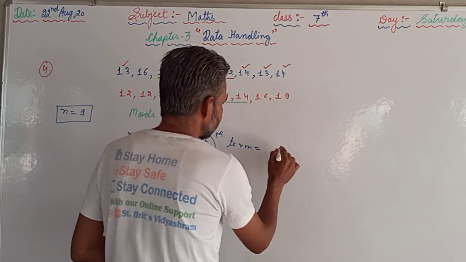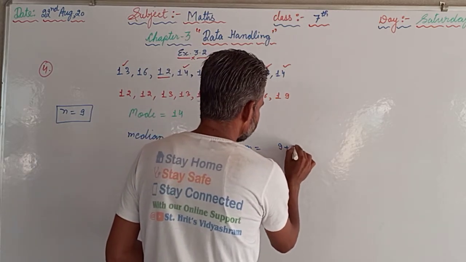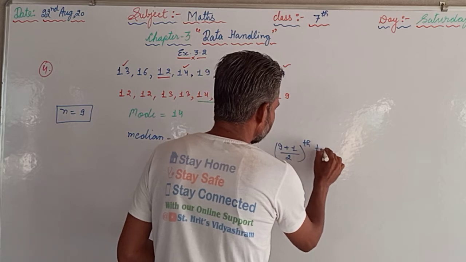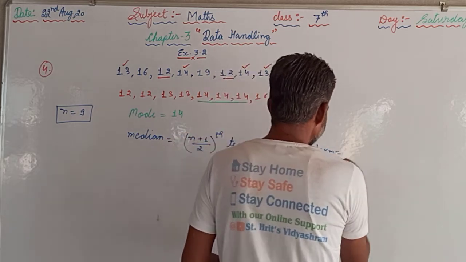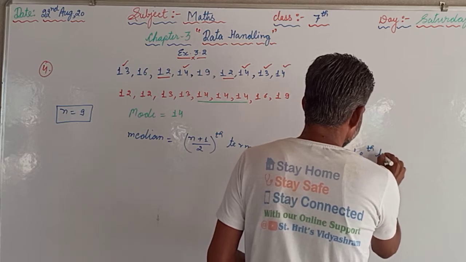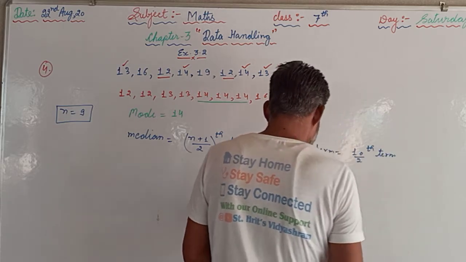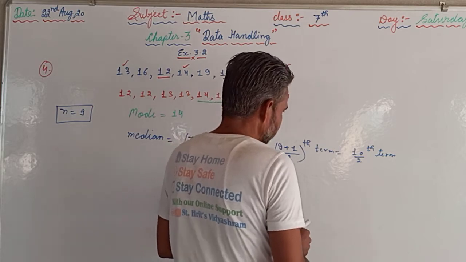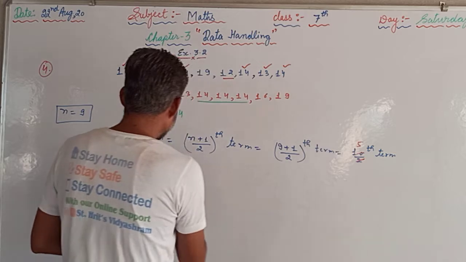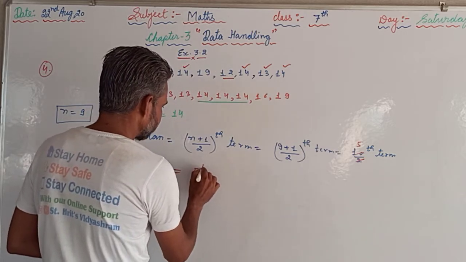So n is 9, plus 1, divided by 2, means 10 by 2. 2 fives are 10, so the median will be the 5th term.